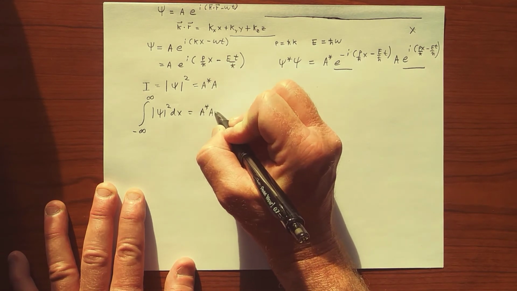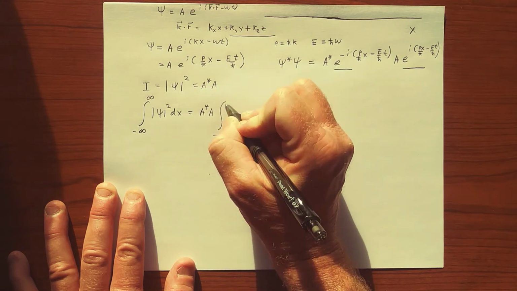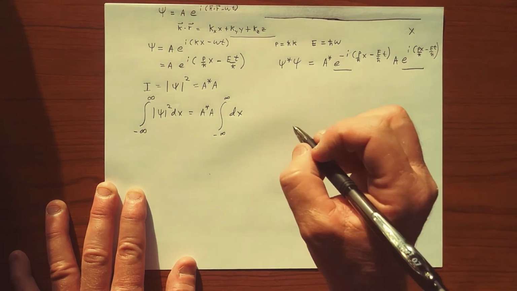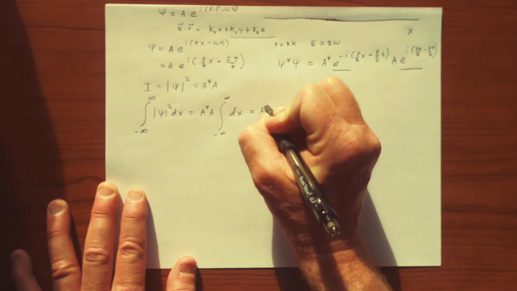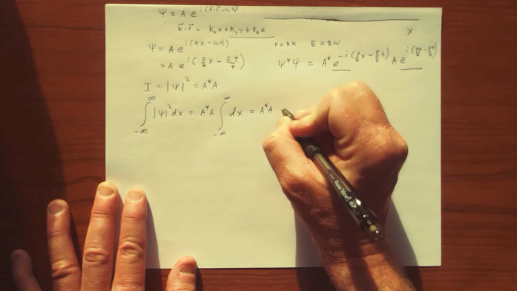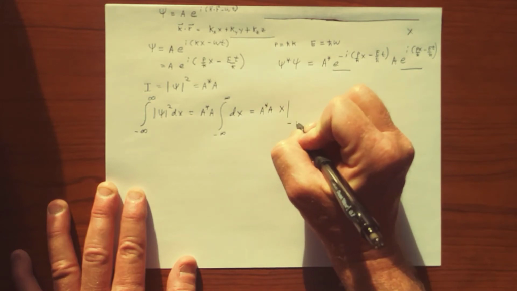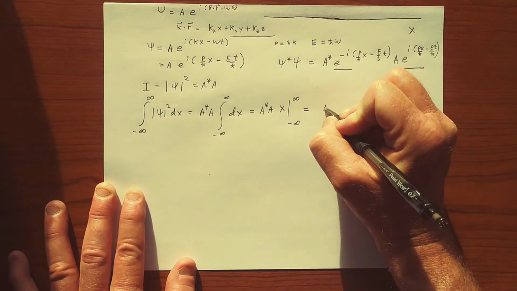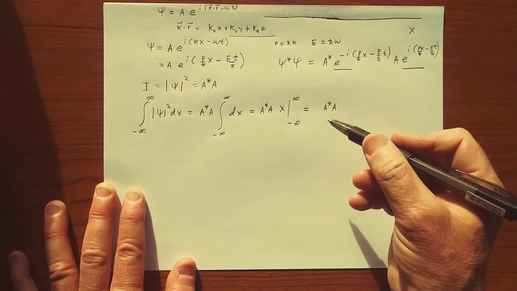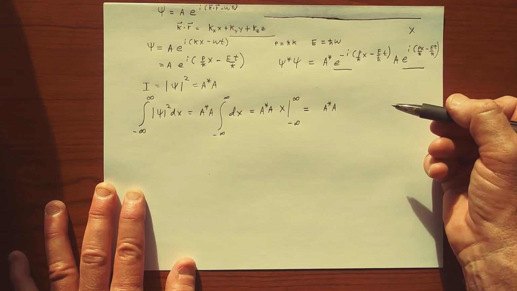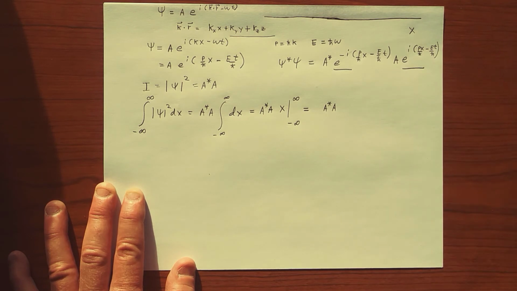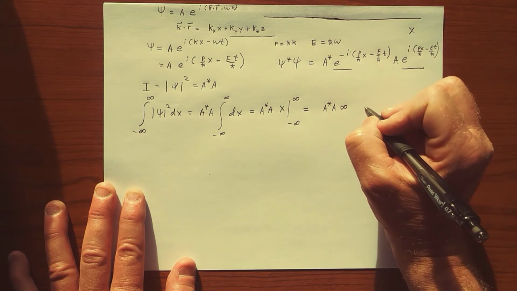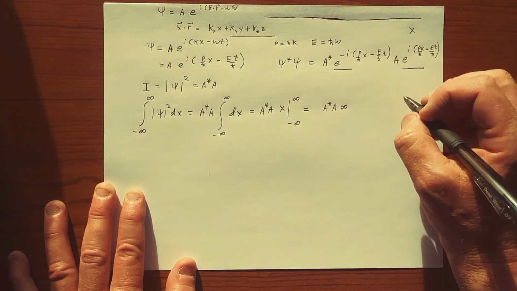And so we end up with an integral in dx. That gives us x from minus infinity to plus infinity, which of course is just A star A times infinity minus minus infinity, which is plus infinity. So it's twice infinity, which is infinity. And so that can only be equal to 1.